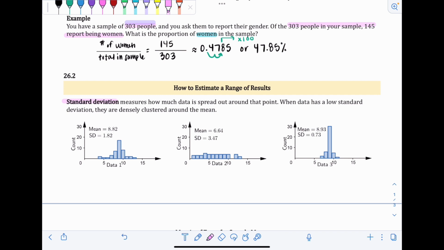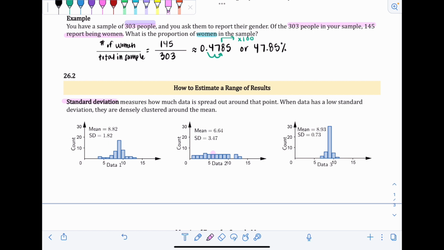In the first one, on the far left, our mean is right around there at 8.82, and the standard deviation of 1.82 is relatively low. A lot of the data is around that middle, that 8.82. For the middle graphic, the mean is 6.64, so that'd be about right there.